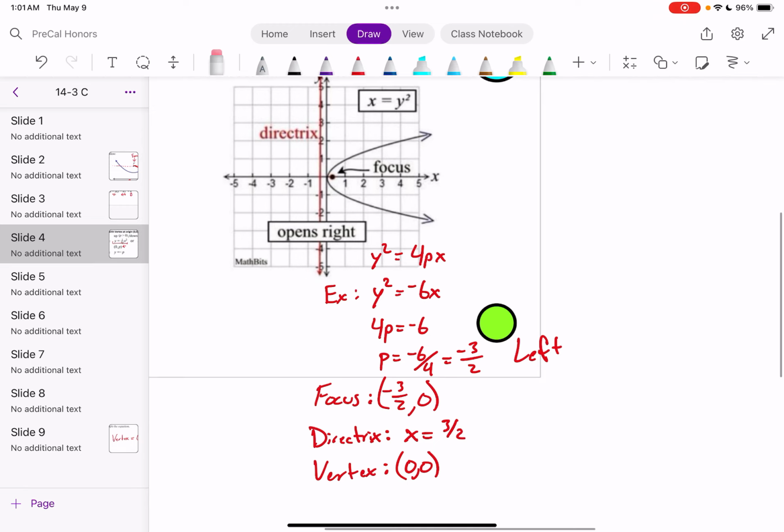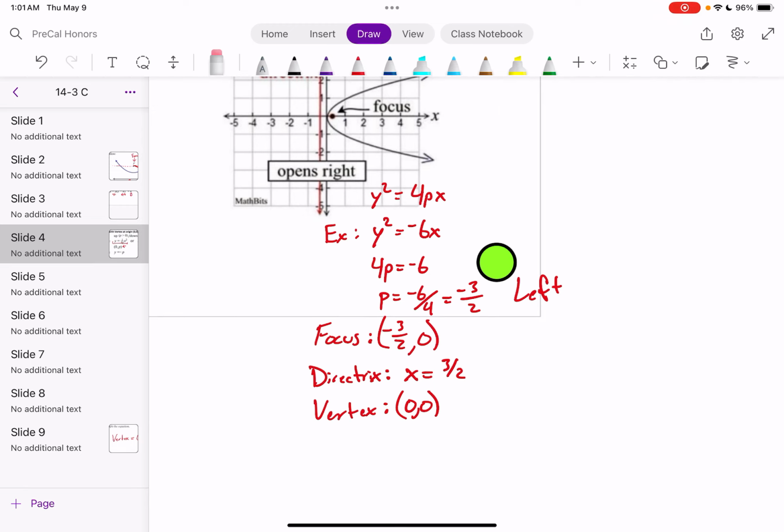In the case for the example problem we're working on, we would end up having a rough image of our graph, or our parabola, facing the left-hand side, and the directrix being on the right side.